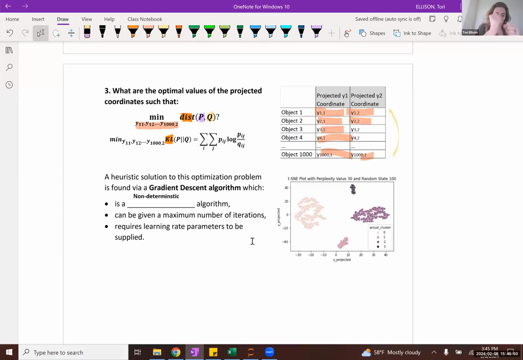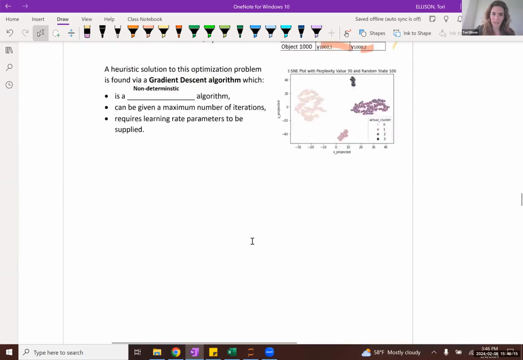So basically, how large of a step size should we take in the direction of the gradient that we have calculated? These are parameters that you can select in the TSNE function in Python, but they tend to not necessarily be as needed. It's not the most important parameter to focus on, but it is something that you can specify as well.